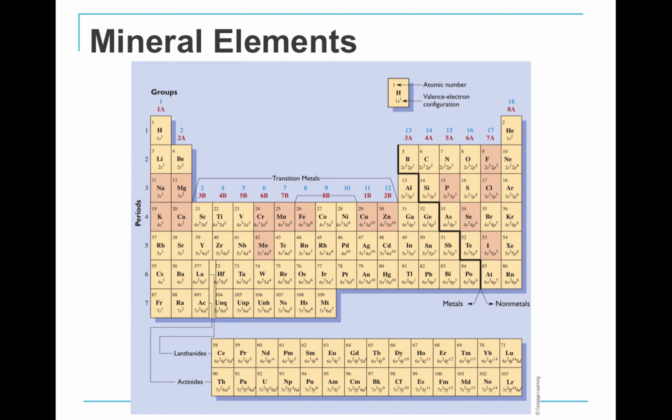When you look at minerals on a supplement bottle, it will never just say calcium. It will always say calcium magnesium, or calcium phosphate, or calcium carbonate, because it needs another mineral to hook up with. You don't need to know that for testing purposes, but that's how they function.